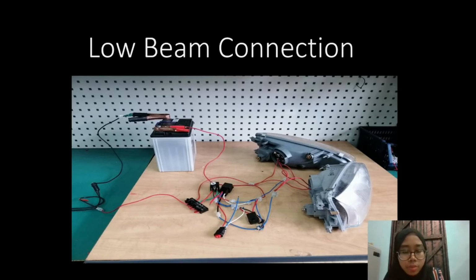As you can see from the screen, the 30 pin goes to the battery, and then the 85 pin here goes to the ground. And then the 86 here goes to the switch. This is the switch. So as you can see, it is quite small. And then last but not least, the 87 goes to the lights.